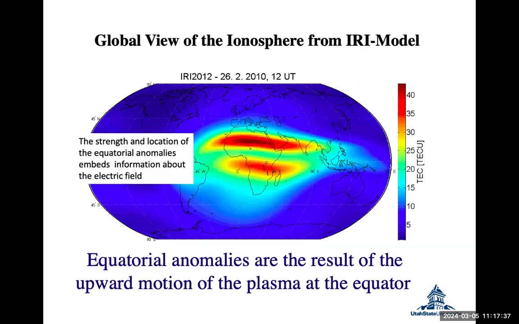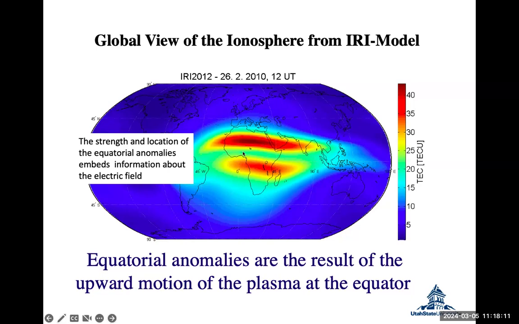As a result of this, the strength and the location and the shape of these anomalies embed information about the electric field. So if we do data assimilation later, we could go for simply the equatorial anomaly, trying to reconstruct it, or we can go another step and try to infer what the electric field was that was driving this structure. And that's one of the main things. This is just an example here.